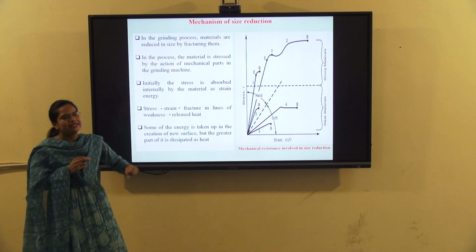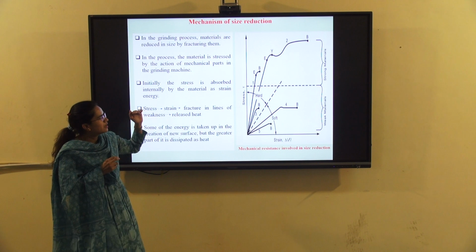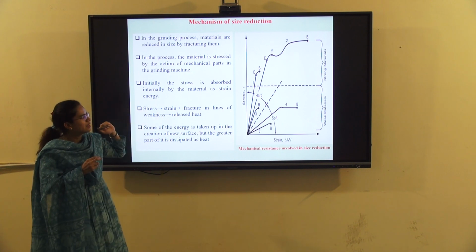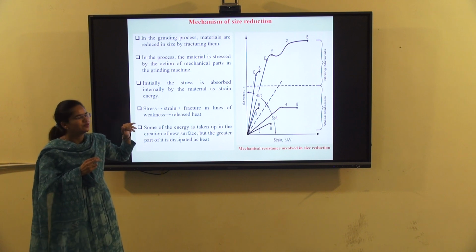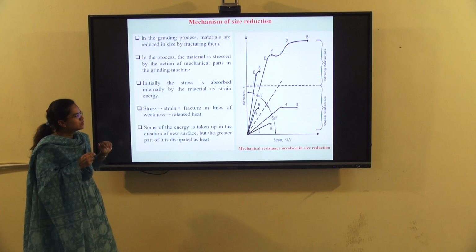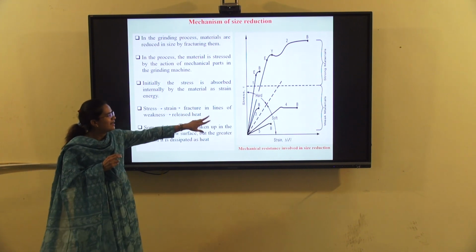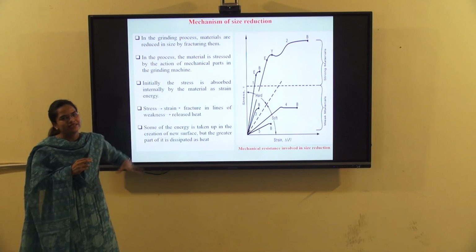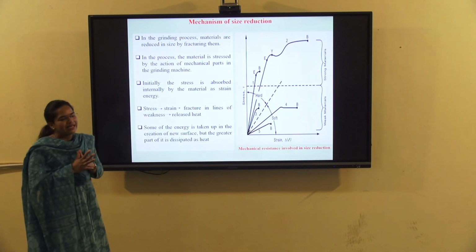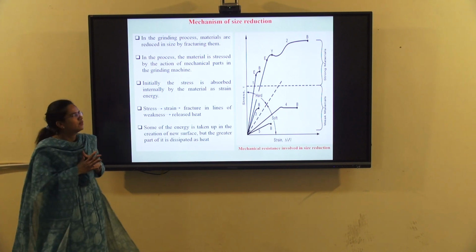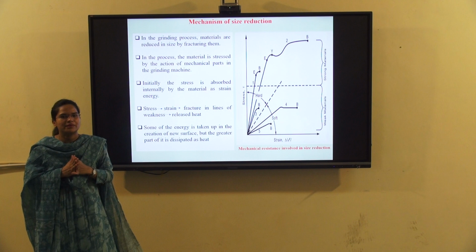Here we can see the big line of this graph divided into two parts: one is the weak material and the other is the strong material, the hard and soft material. E shows the elastic point of the material, B is the breaking point of the material, and Y is the end point of the material.